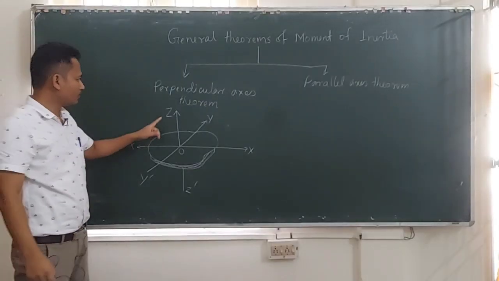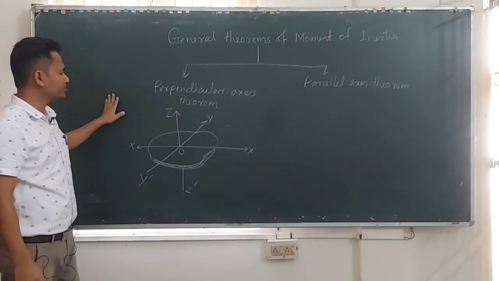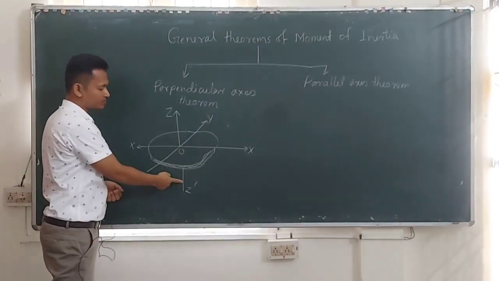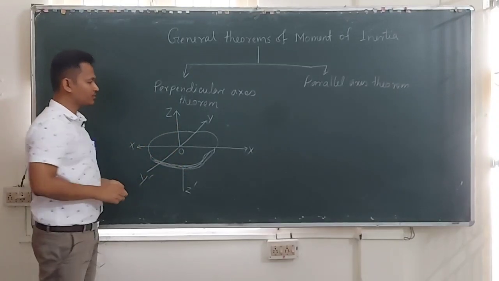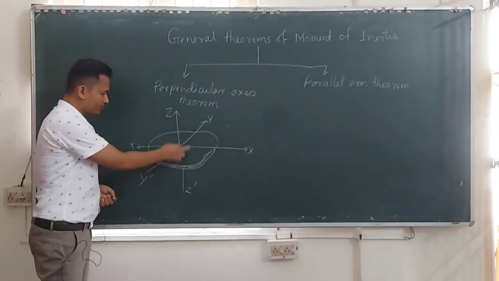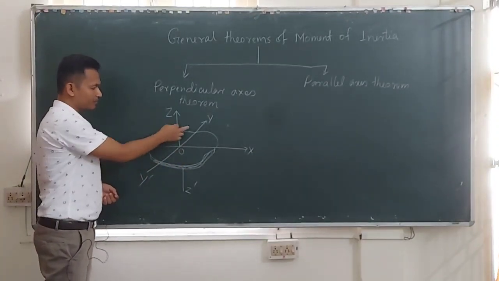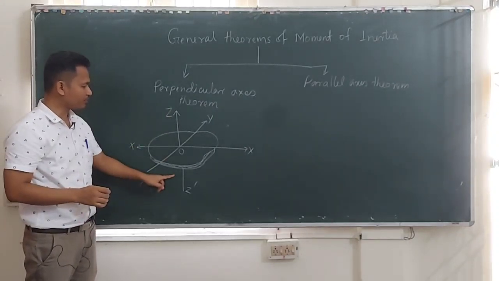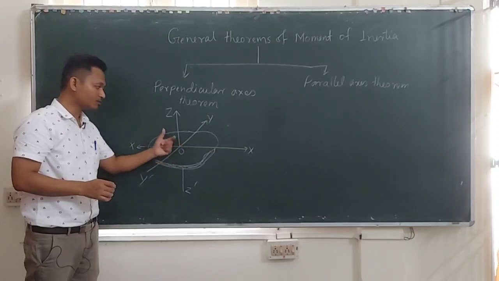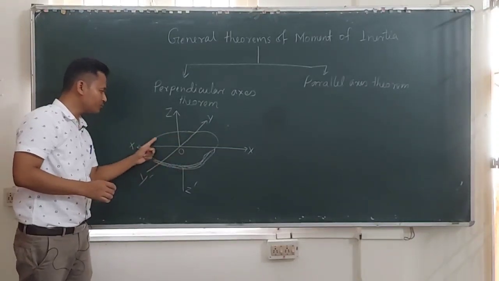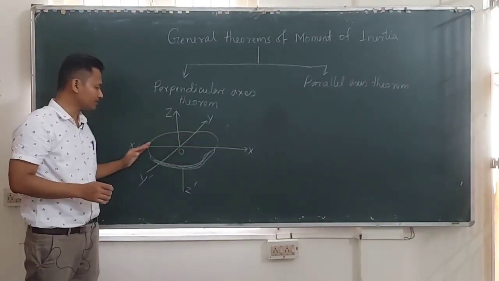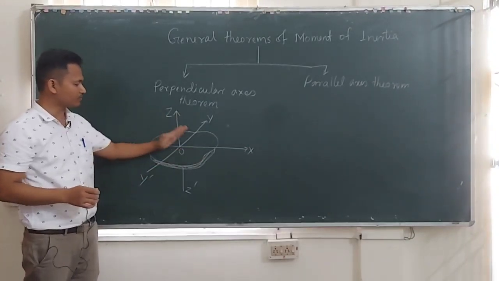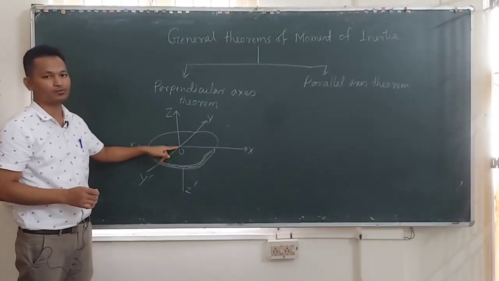What the perpendicular axis theorem says is that the moment of inertia about z prime is equal to the sum of the moments of inertia of this lamina about x prime and y prime, provided z prime is perpendicular to the plane of the lamina, that is, perpendicular to the two mutually perpendicular axes x prime and y prime, and all three axes intersect at one single point.